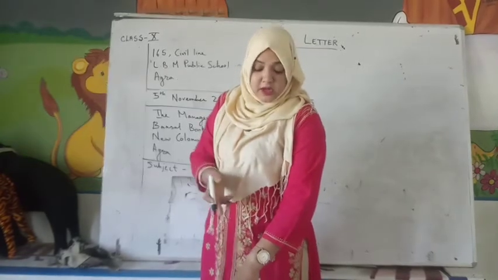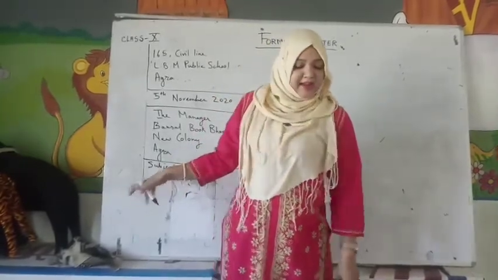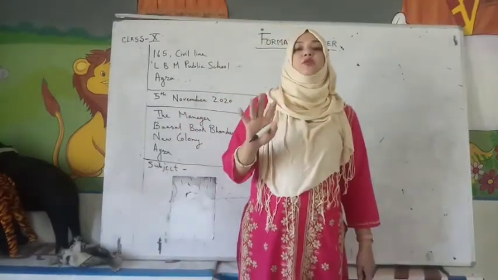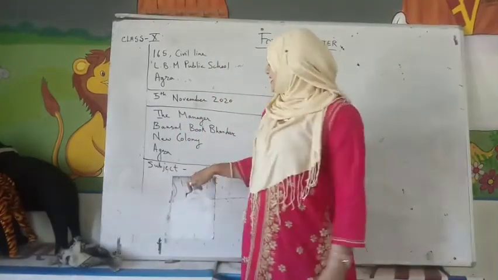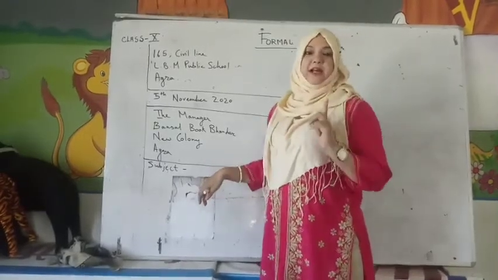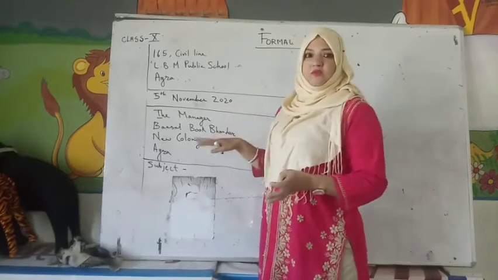So there you will write. Now subject is what? Complain about the supply of damaged books. You have to make it into a single sentence, a short single sentence. Remember that. Understood? It should be like a summary of what you're writing about.